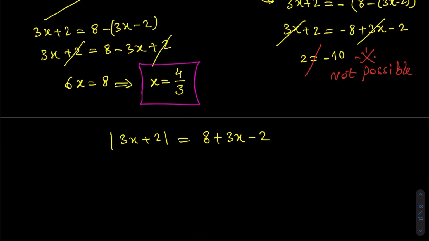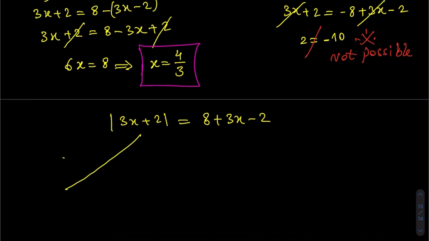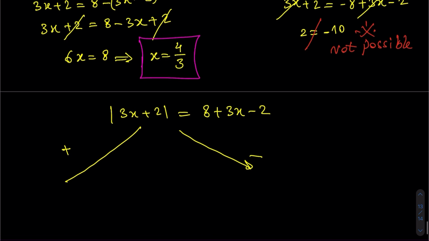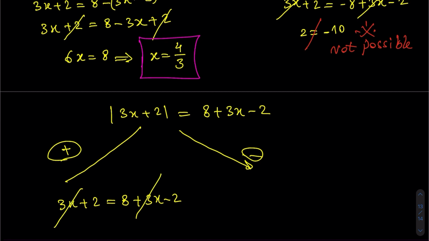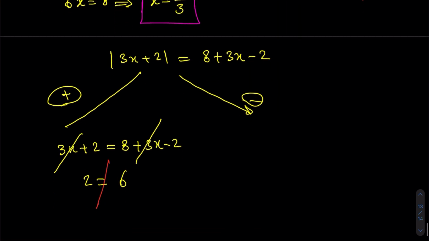Either this will be positive, or this will be negative. So if positive, it will be 3x plus 2 is equal to 8 plus 3x minus 2, and then these 3x's will be cancelled out, and then this will be 2 is equal to 6, which is not possible. So it's not possible.